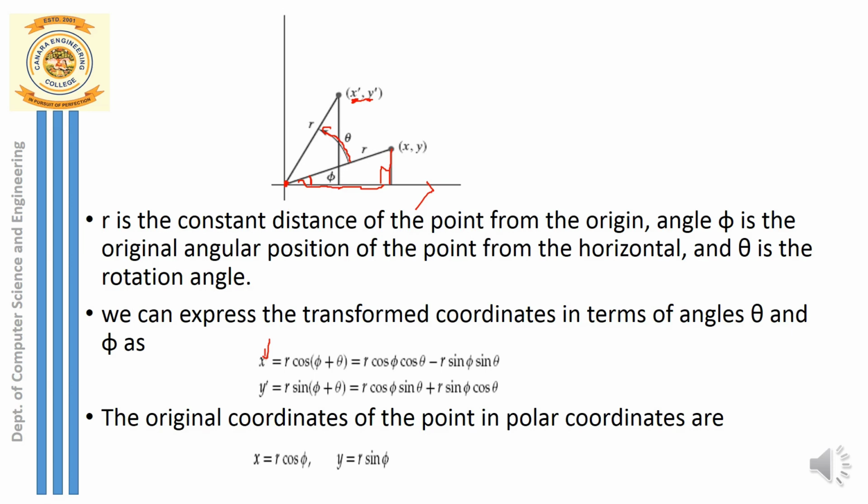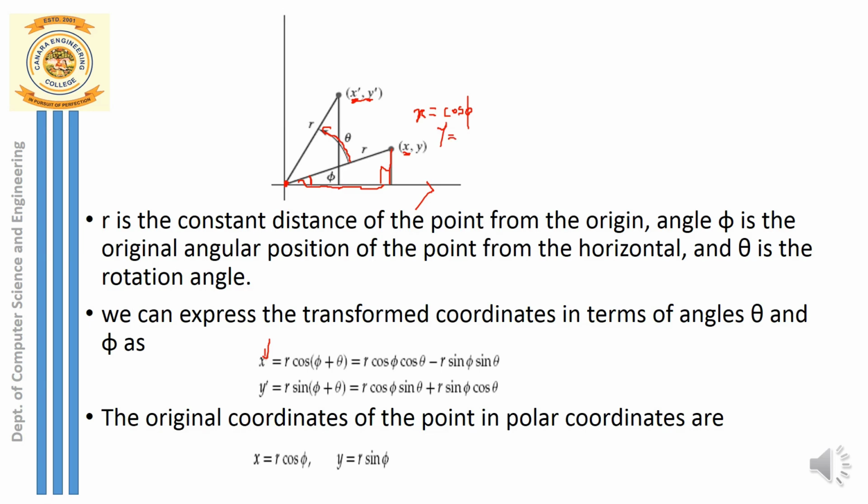So if I have to represent this x coordinate, x can be represented this way. x is equal to the adjacent side. So what is this adjacent side? Its length is given by cosine of angle phi. With respect to the x axis, phi is the orientation angle.